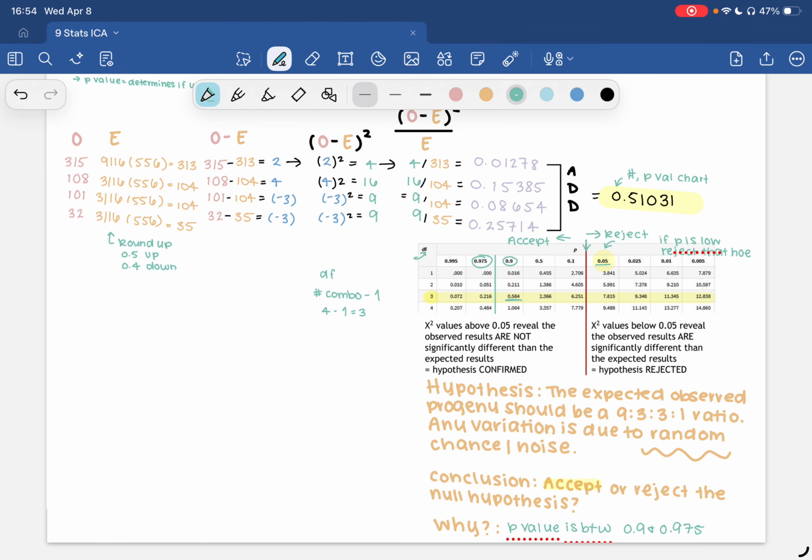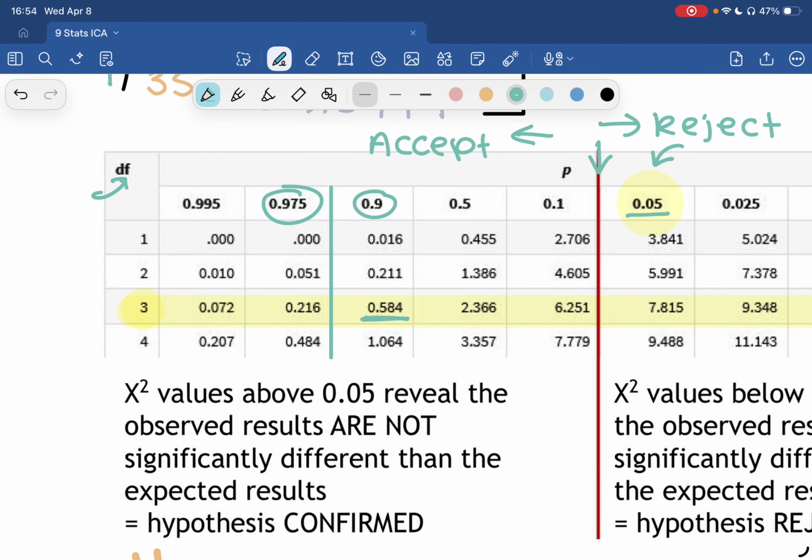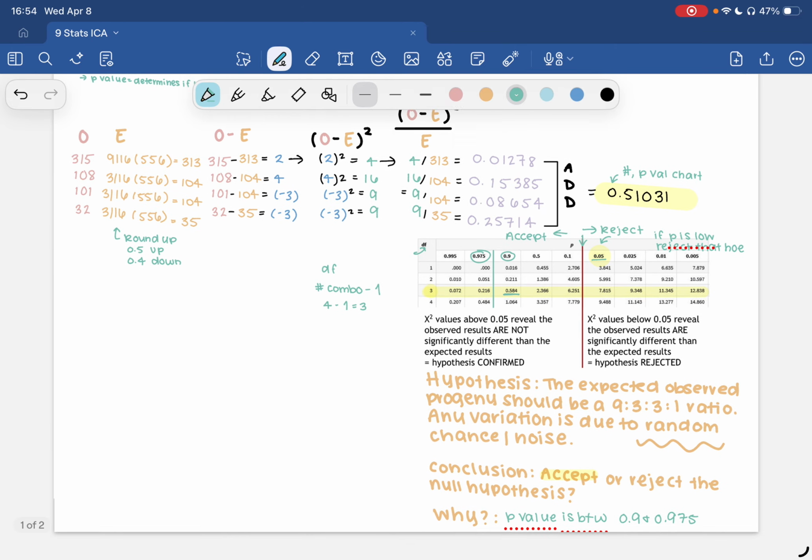So about a 90 to 97.5% for that value. That's how much confidence we have.